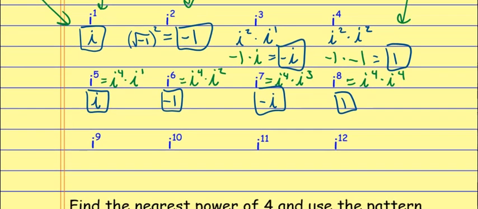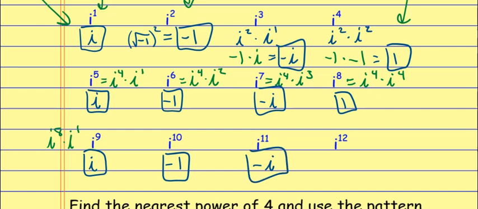For this guy, I could use the idea that this is an i to the eighth times an i to the first. And see, we're already back to i to the eighth, which is 1 times i to the first, which is i. So again, this one's going to give me an i. And you can probably guess that this is going to be a negative 1, and this is going to be a negative i. I could keep doing that using my previous rules of exponents to find each of these, but I just have this pattern that emerges, okay?